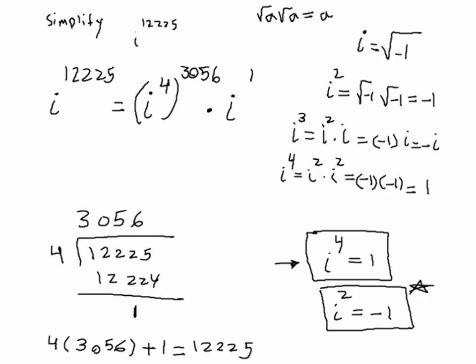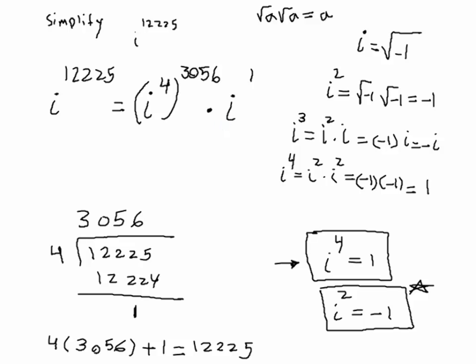Make sure we follow this. Because 4 times 3056, and then here you add the exponents. Remember, when you multiply, you add the exponents, plus 1, gives you this number here. So everything is here.